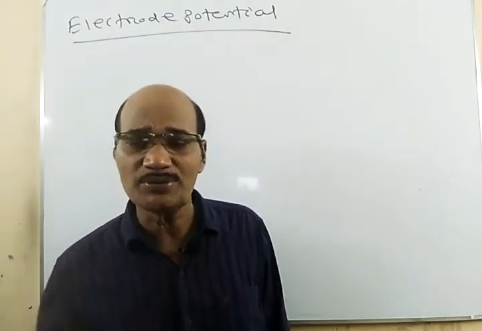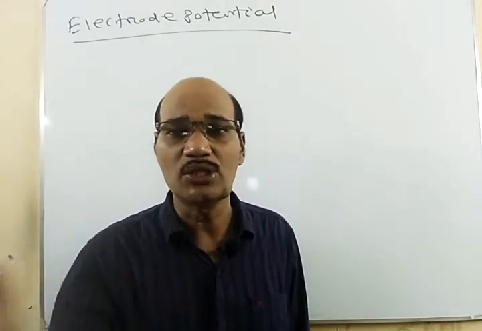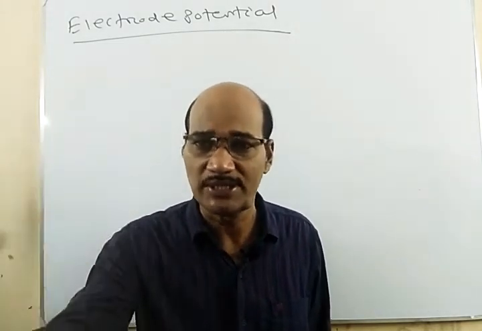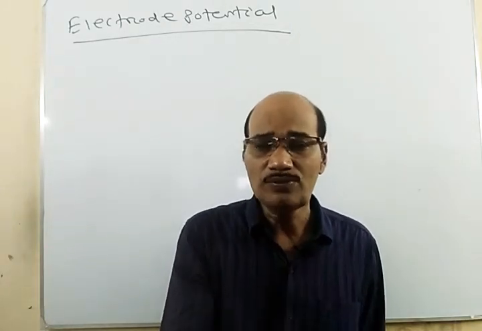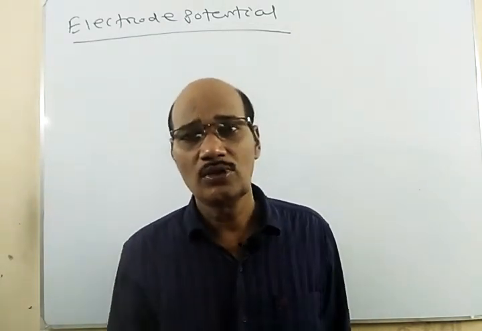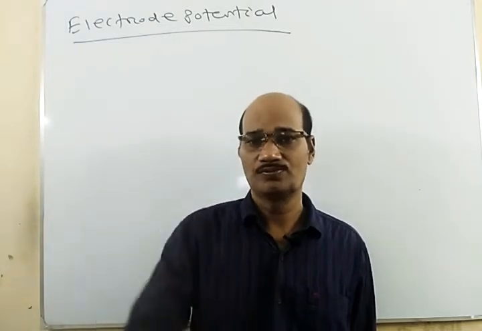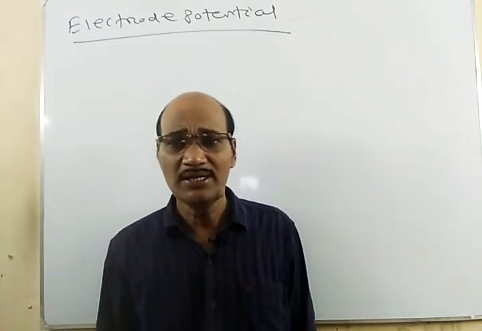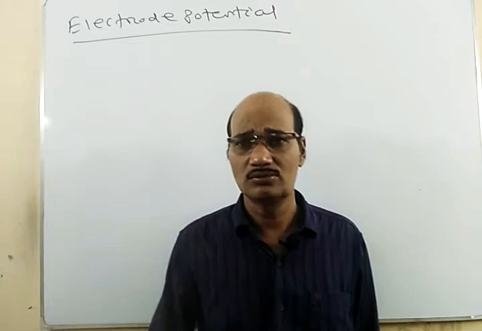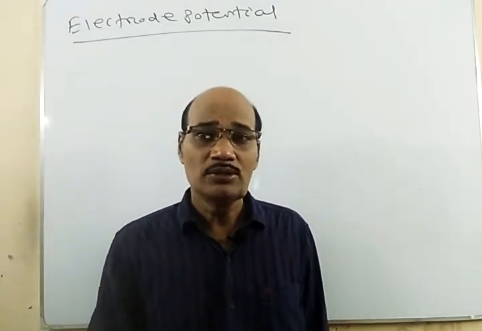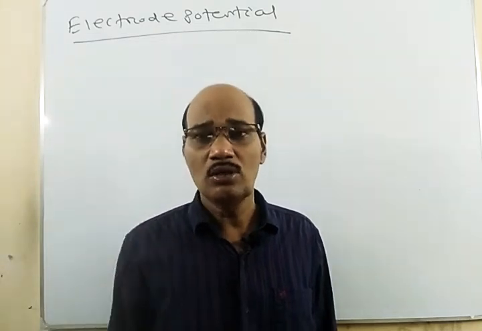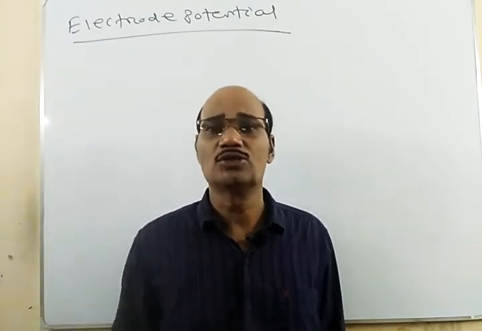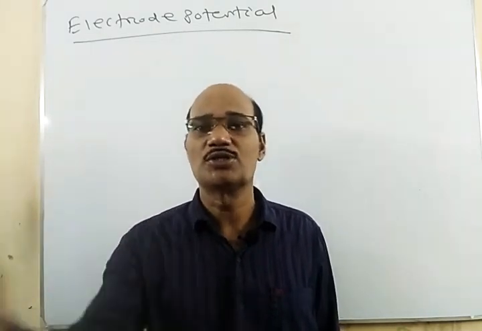In the reduction half cell the electrode is receiving electrons, and reduction takes place there. So an electrode can lose or gain electrons, and accordingly it may undergo oxidation or reduction. The tendency of the electrode to lose or gain electrons is called electrode potential.